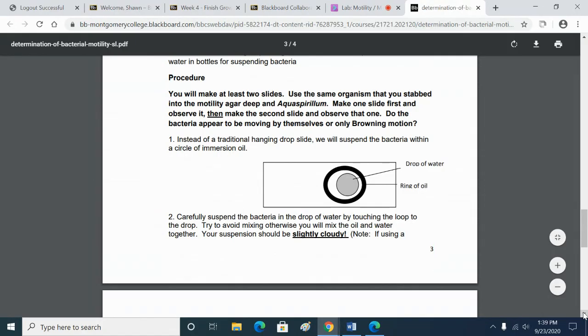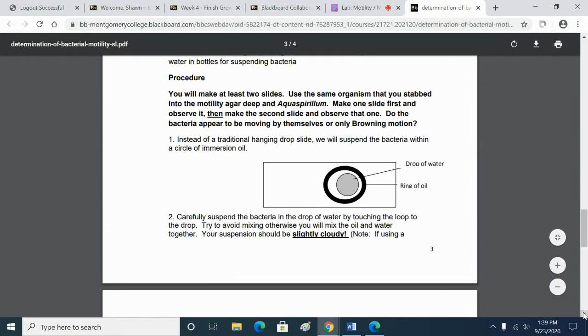So there's always some Brownian movement present. In addition to that, are the bacteria doing something that appears purposeful, like bending, twisting, twirling, spinning, moving in a lateral line in one direction, like they're actually swimming? That can be very difficult to determine.